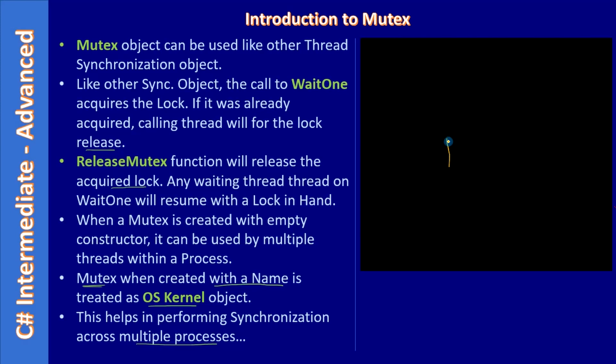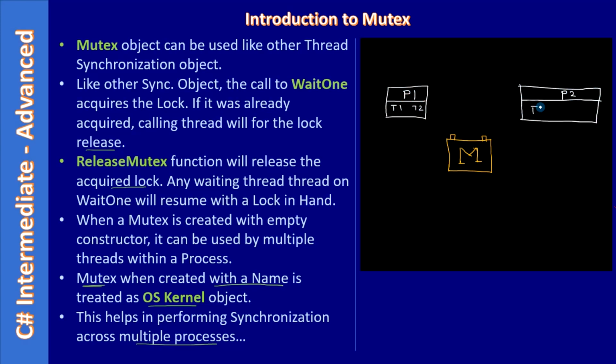Let's say we have a mutex object. Also, let's state we have process 1. And let's state that this is a protected resource, or we can state whatever is common to the OS. Let's state it's a file.